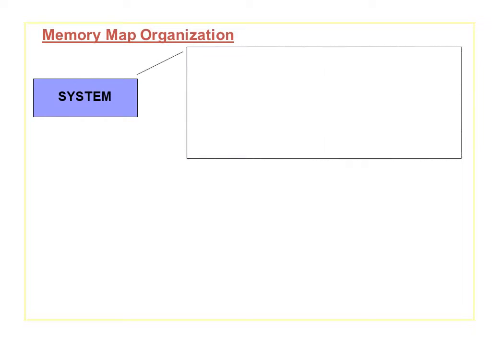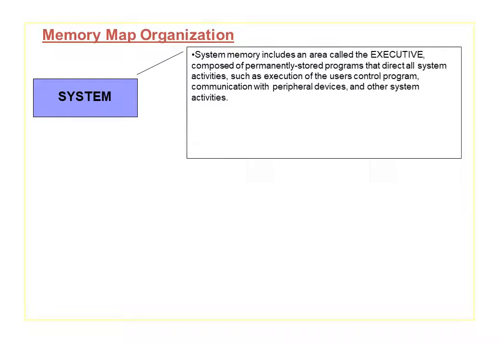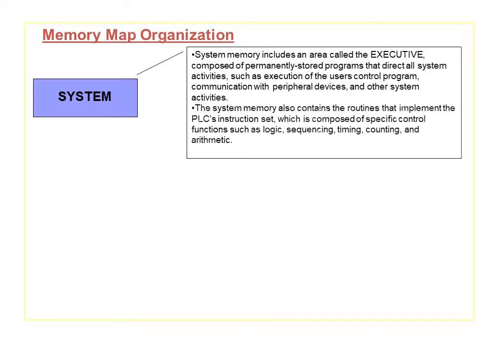You have a system memory, and the system memory includes an area called executive, which is composed of permanently stored programs that direct all system activities, such as execution of the user control program, communication and peripheral devices, and other system activities.